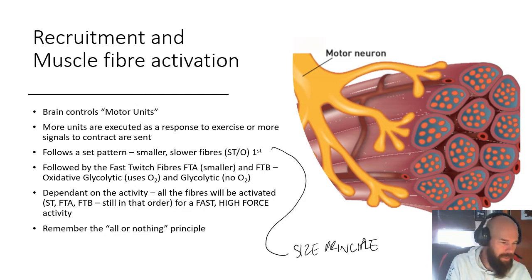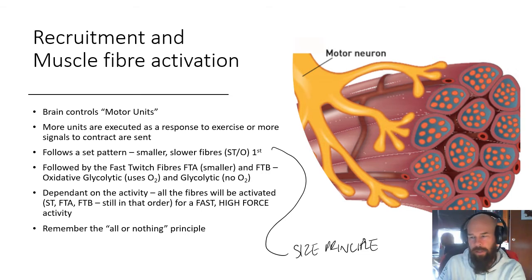So don't forget about the all or nothing principle. You learnt about it last year in theory in year 11. The all or nothing principle talks about the muscle fibers and the motor units that are stimulated. They will either contract fully or they won't contract at all, based on whether or not the threshold is crossed.